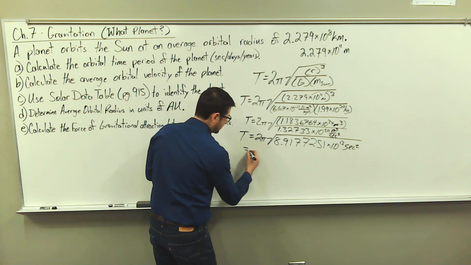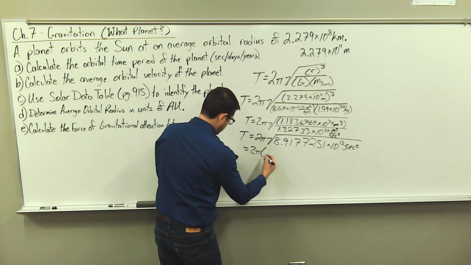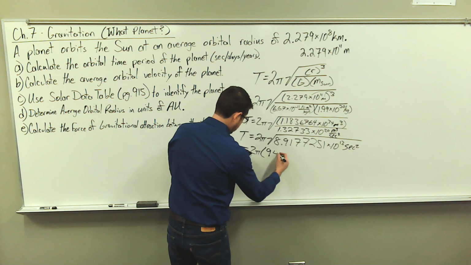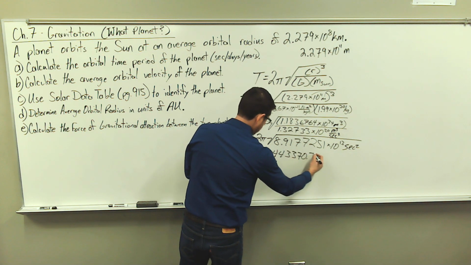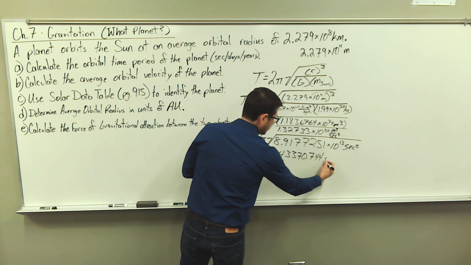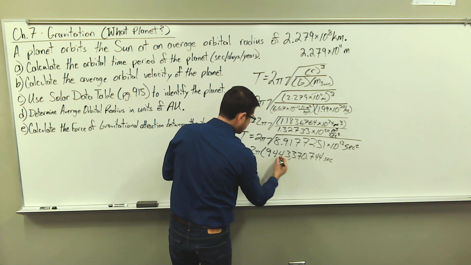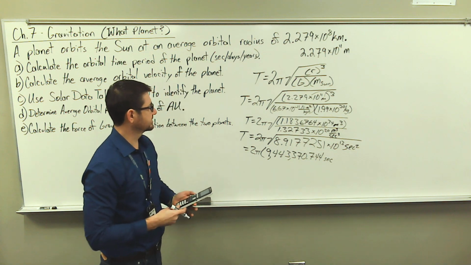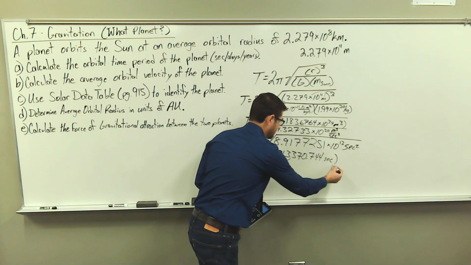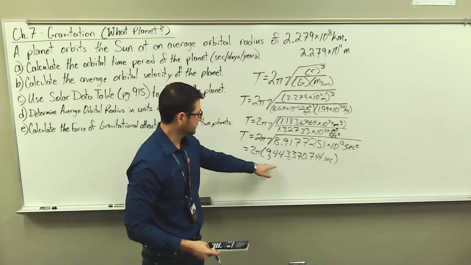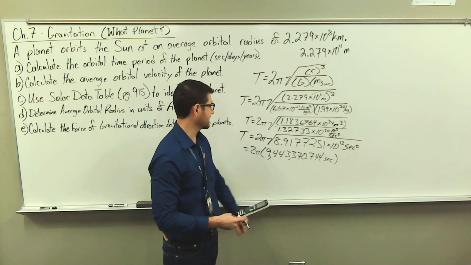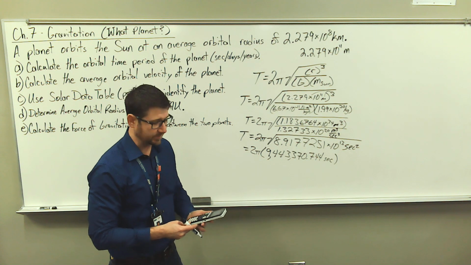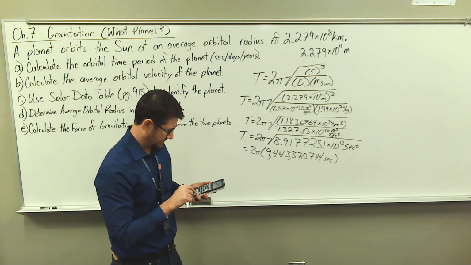Okay, so I have 2 pi times... So this gives me 9,443,370.744 seconds. And we're going to multiply this value by 2 pi.